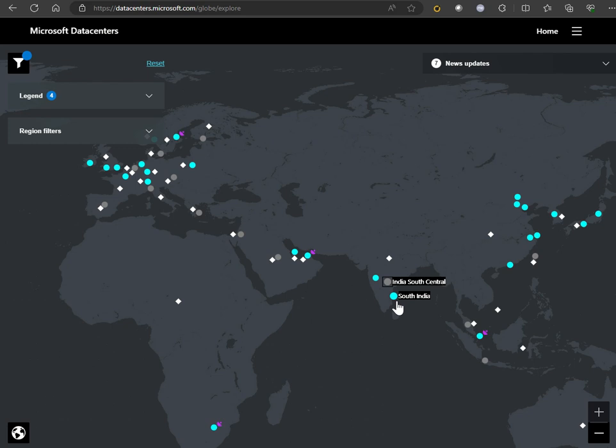Another important thing is that pairing can be unidirectional or bidirectional. In bidirectional pairing, the data and infrastructure setup from South India can be stored in Central India, and whatever is in Central India can be stored in South India.